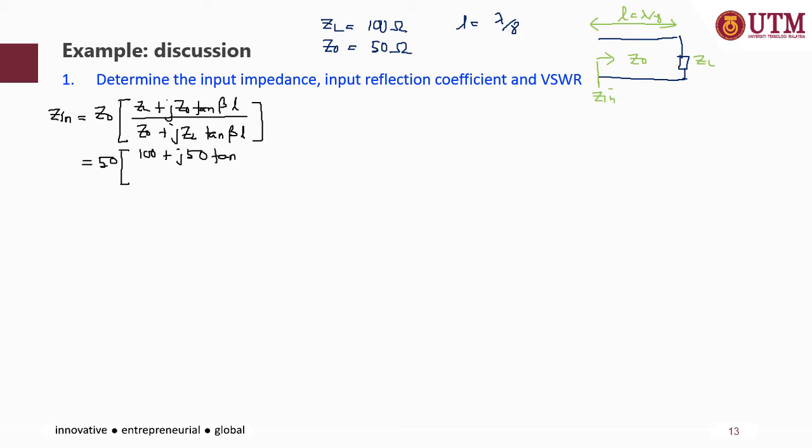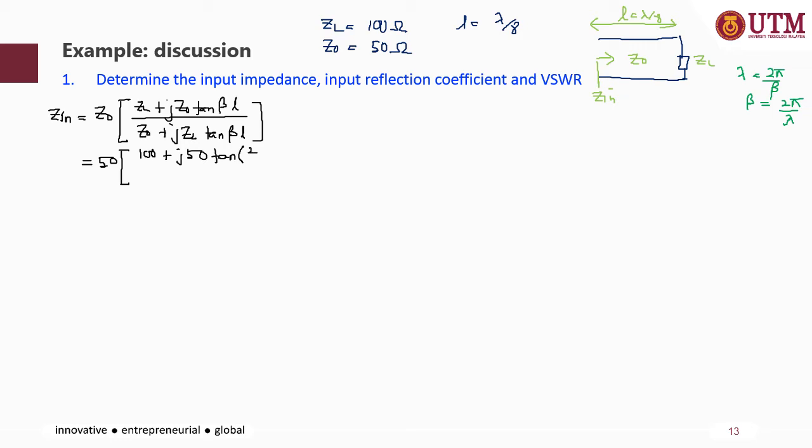What is beta? Beta is the phase constant. From the previous lecture session, we know that lambda equals 2 pi over beta, or lambda equals c over f. So in this case, beta equals 2 pi over lambda.